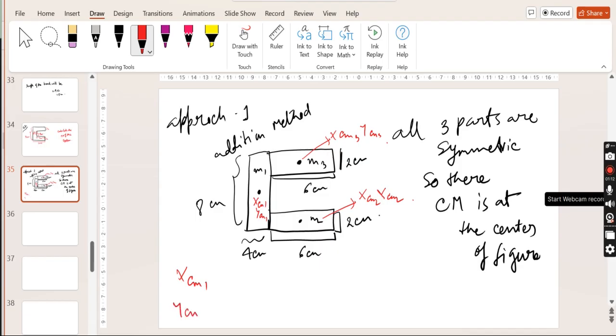From the figure, you can see XCM1 is 2 because this is the half, and YCM1 is 4.